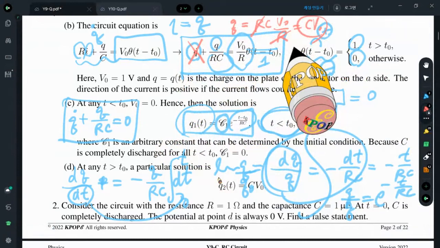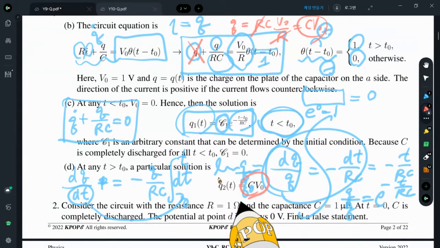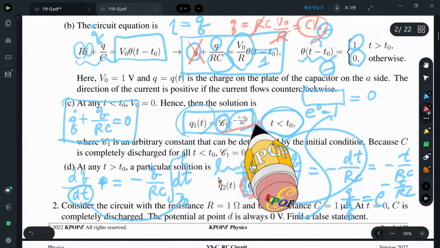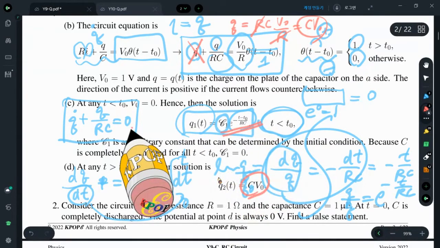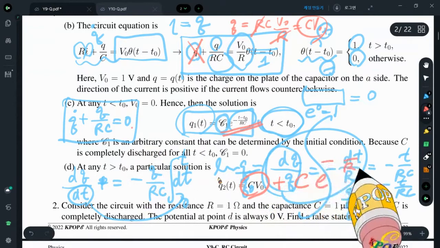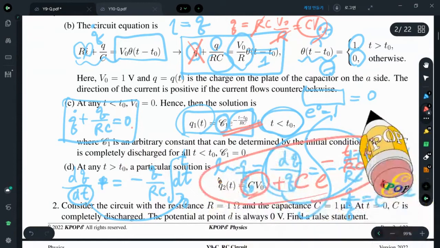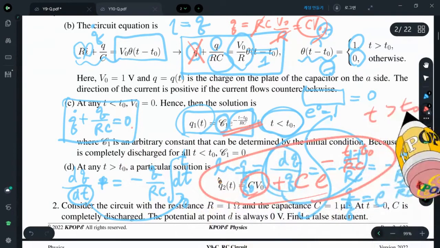Very simple equation. So we know what the particular solution is. And then the general solution is I make a carbon copy of the homogeneous equation solution, so plus C e to the minus (t minus t0) over RC is the solution for t greater than t0.